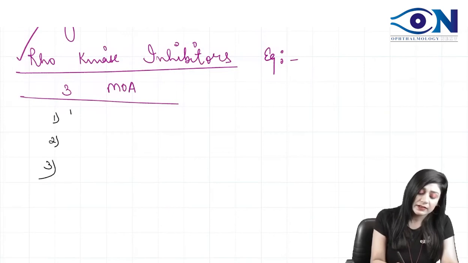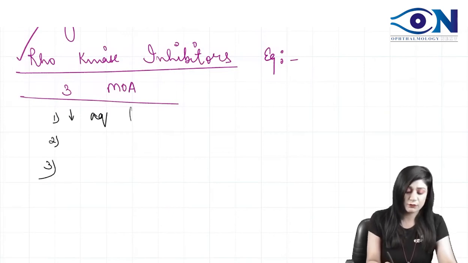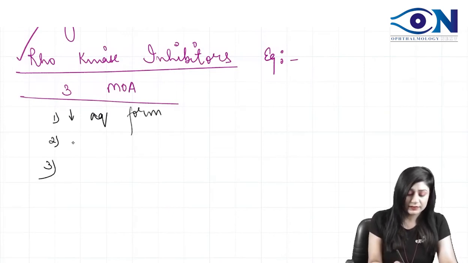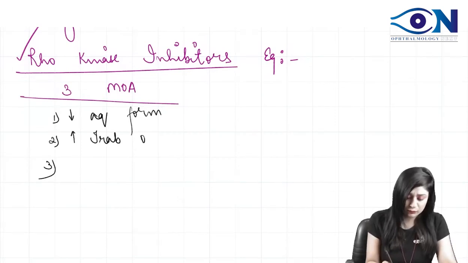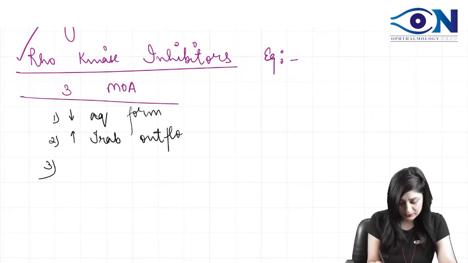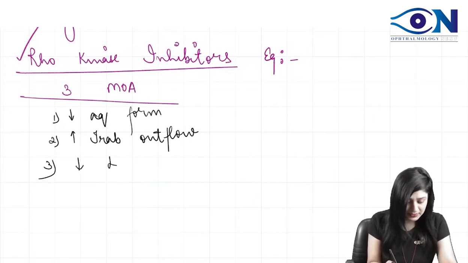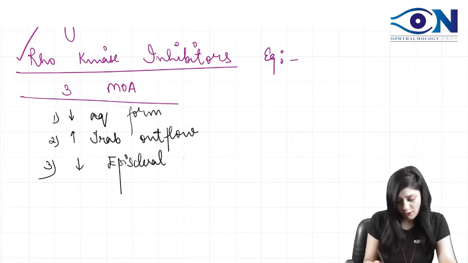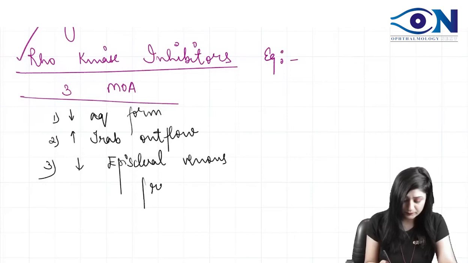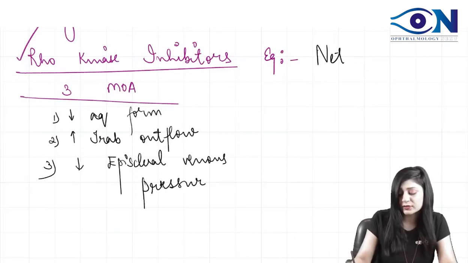They are decreasing the aqueous formation, and they are increasing the trabecular outflow, that will be your answer, and decreasing the episcleral venous pressure. Yes, very good. It is netarsudil.